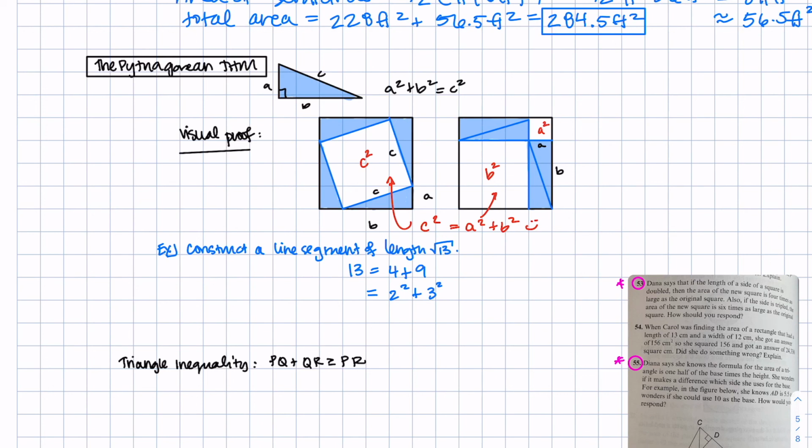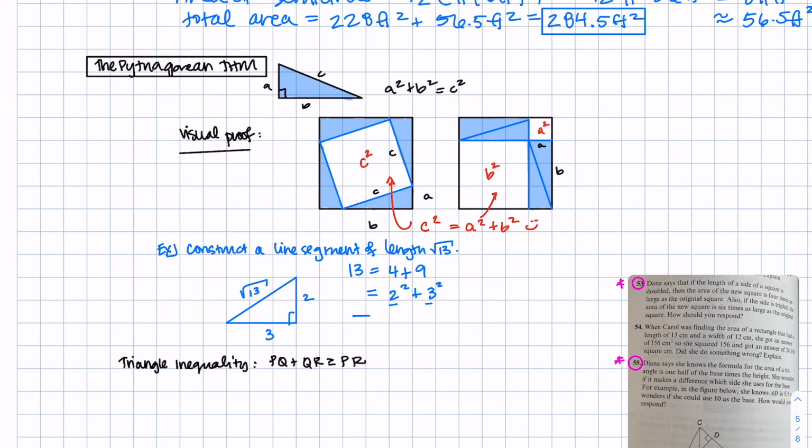So I want to take a triangle with side lengths 2 and 3. If I take one of length 2 and one of length 3, and I make this a right triangle, then the hypotenuse should have length square root of 13.